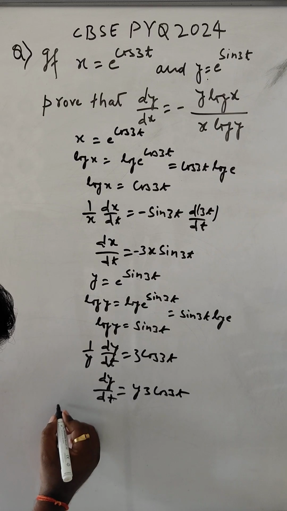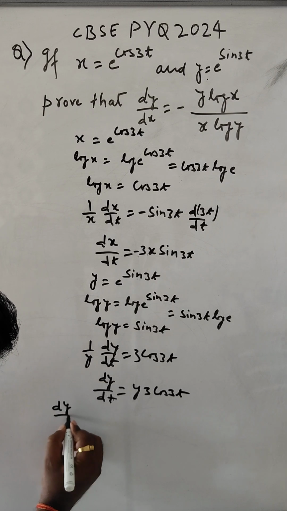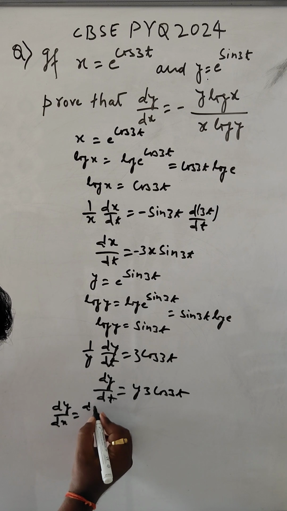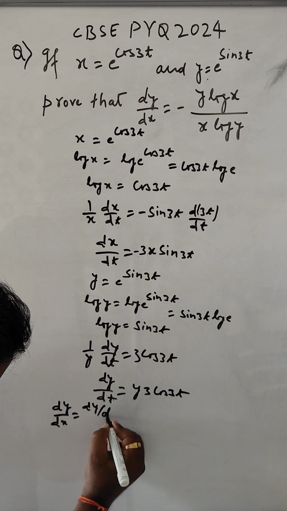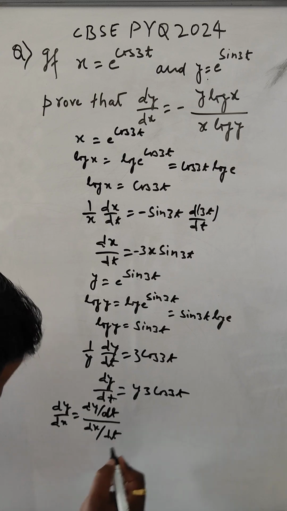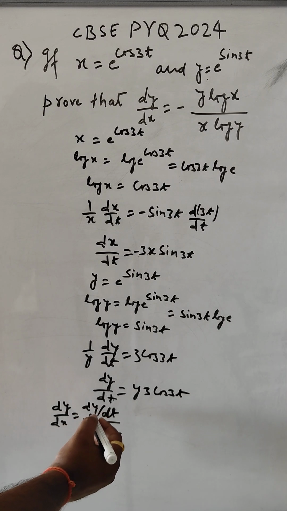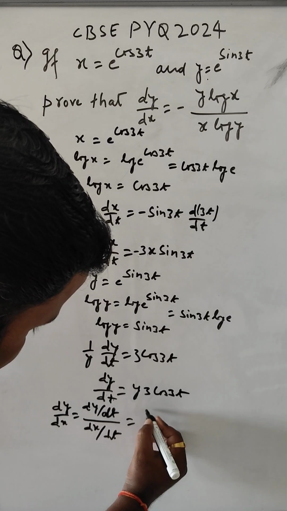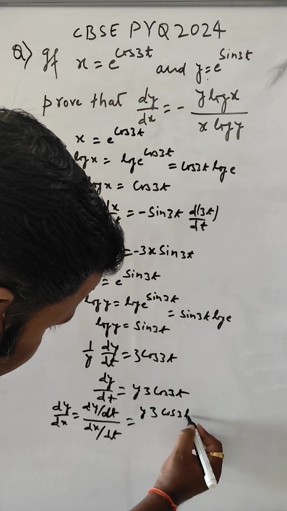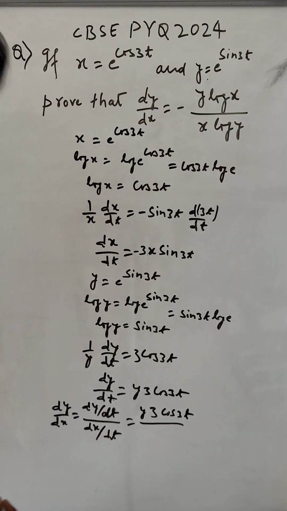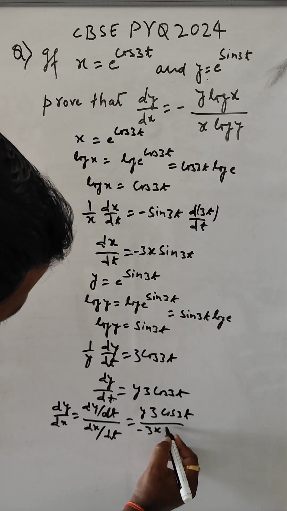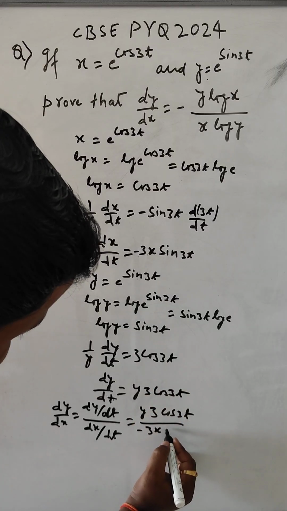We want dy by dx, so for that we will put dy by dt divided by dx by dt. Here dy by dt is 3y cos 3t, and dx by dt is minus 3x sin 3t.